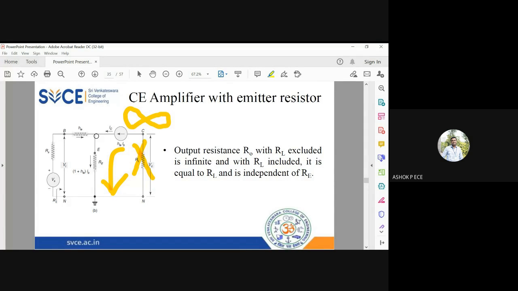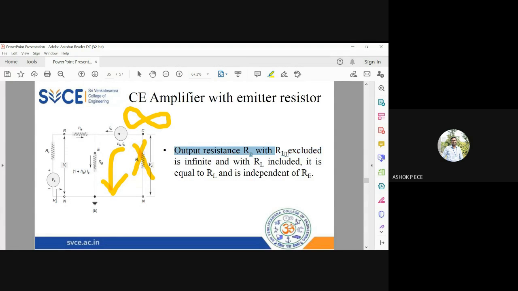And these two, if you consider this loop, the current flowing through this current source will be flowing through this RE. So the two resistances are in series. So what is the effective resistance? Infinity plus RE. What is the effective resistance here? Infinite. Yes, if you remove this RL, the output resistance is infinite.